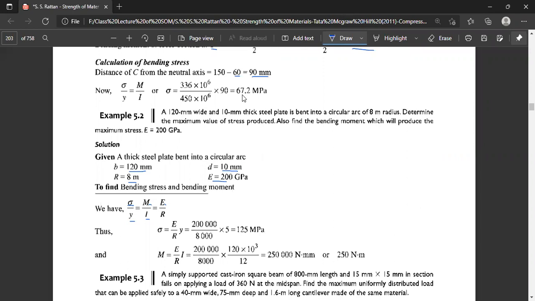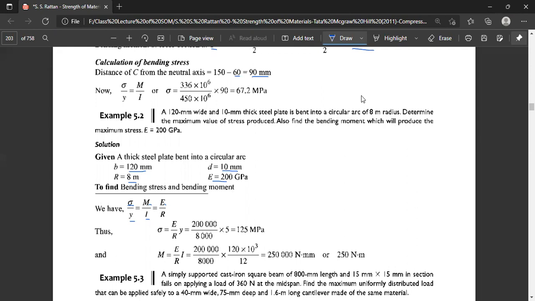Next, M divided by I is equal to E divided by R. So M is equal to E by R into I, where E is 200 into 1,000 and R is 8,000.